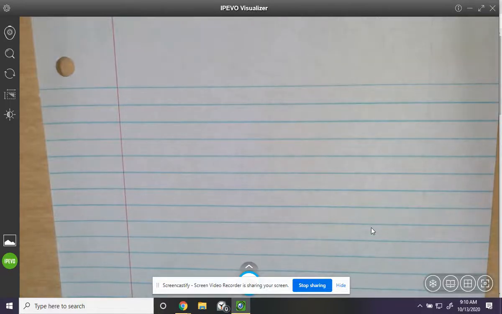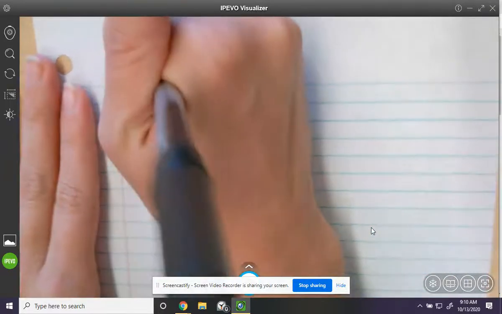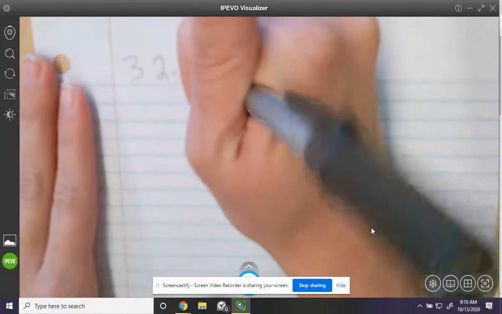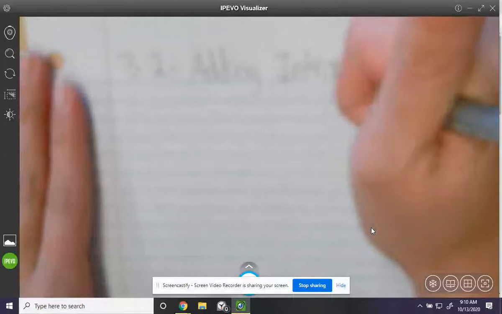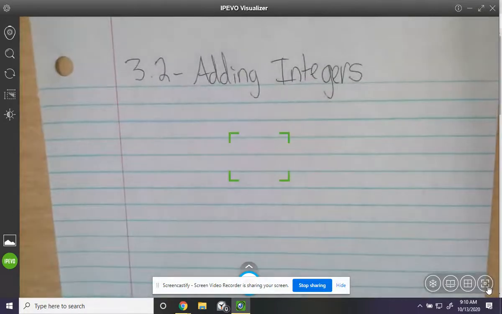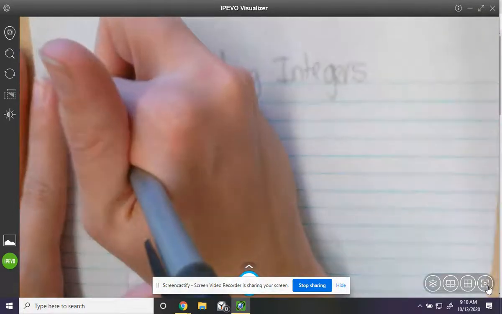Okay, so today we're going to do 3.2, and this is called adding integers. So before we actually get into adding integers, we have to do a vocab word.